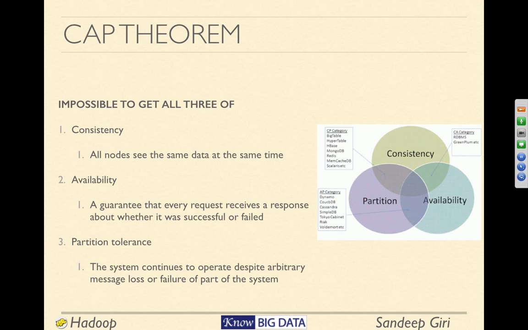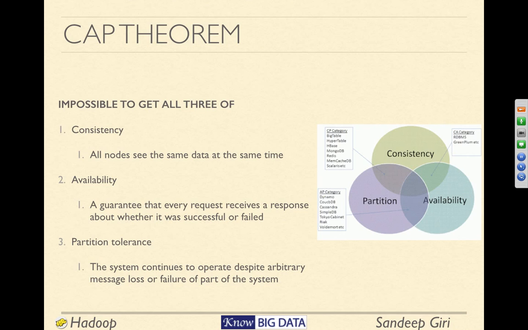Partition tolerance means that even if your machines are shutting down, how many machines can be shut down in your cluster while still keeping it running. Even if your network gets partitioned by disconnection, your data should not get lost and your users should not go unanswered. That is called partition tolerance.